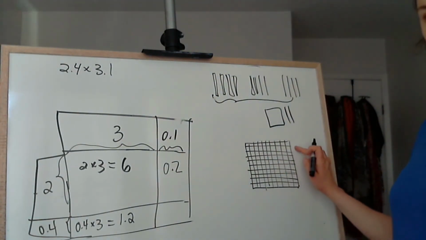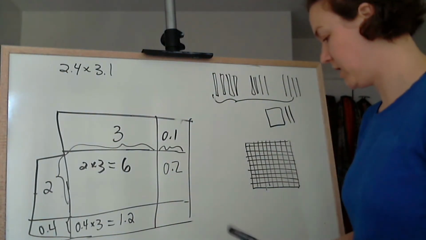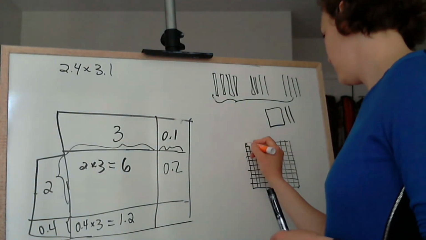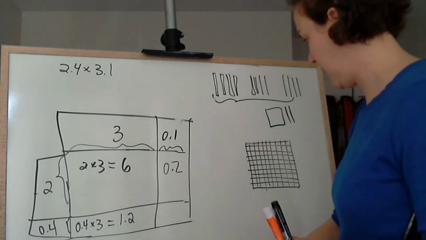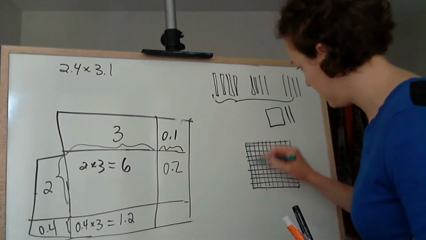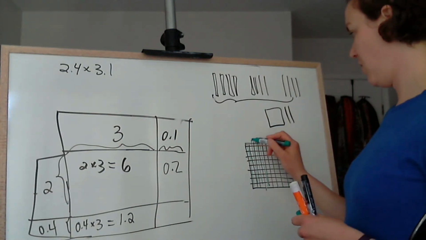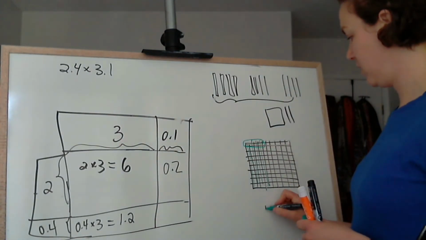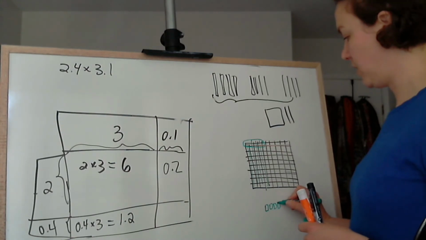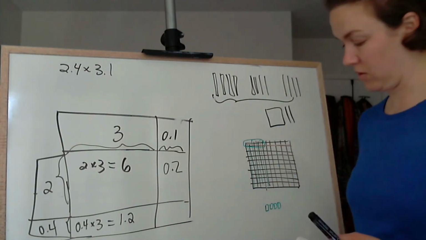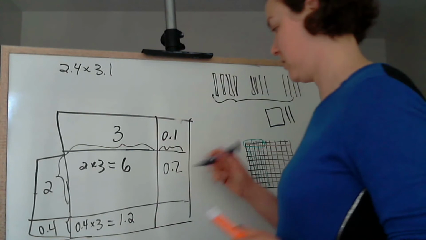You can use this method if you want. So you could shade in 1/10 this way, and 4/10 the other way. And then the overlap is 4 little cubes, and we know that these cubes are hundredths, so it's 4 hundredths.